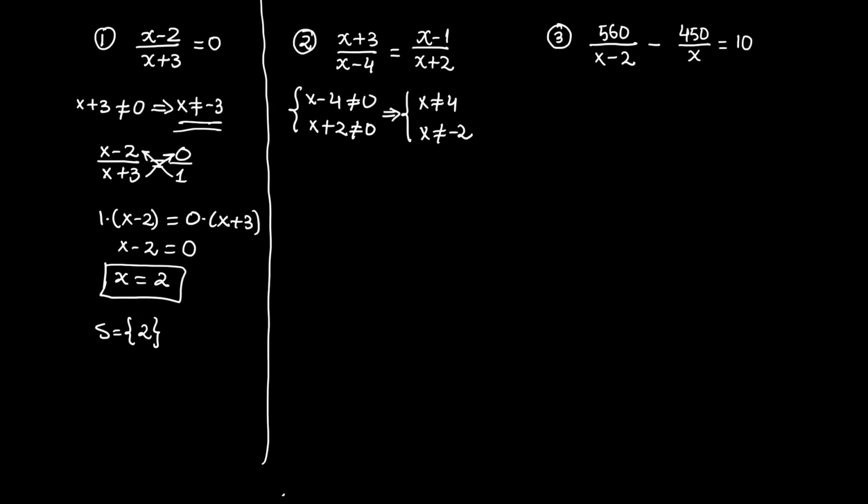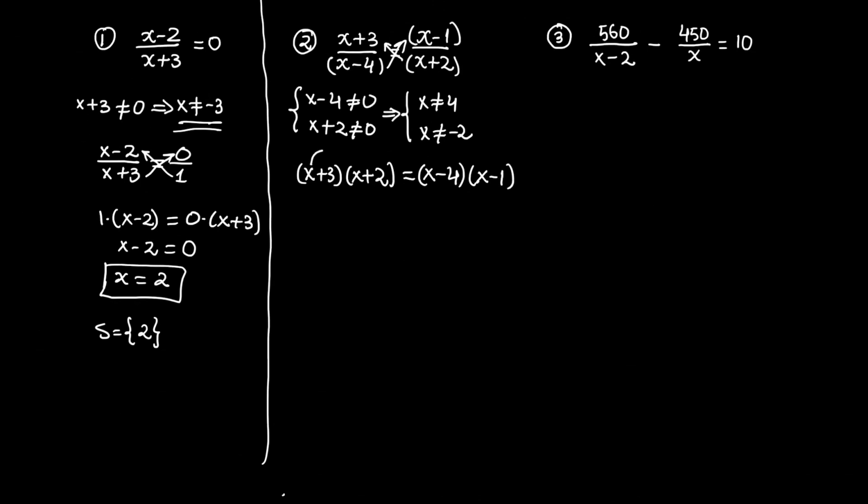Now, I do the same thing as in the previous one: multiply the one on top by the one on the bottom of the other side. So I have x plus 3 times x plus 2 has to be equal to x minus 4 times x minus 1.